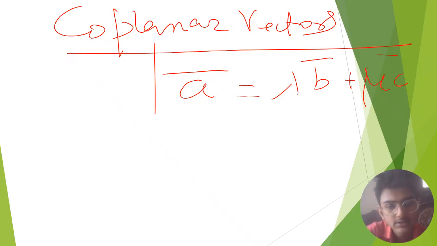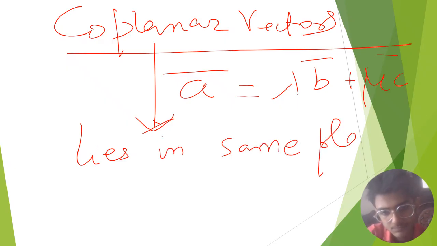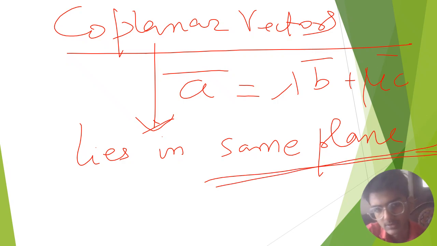Till now you can understand that these are the vectors which are lying in the same plane. Okay. So these are coplanar vectors. I think these are the basics of vectors or the types of vector which we have discussed.